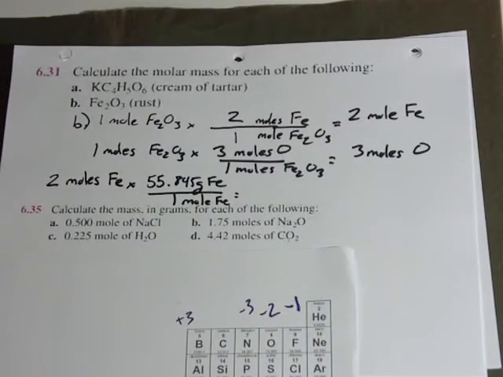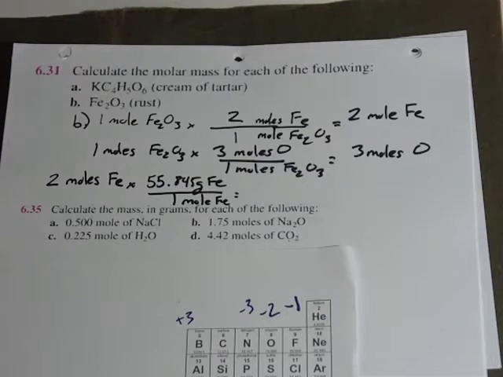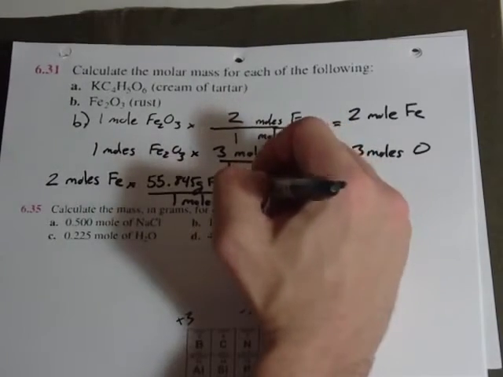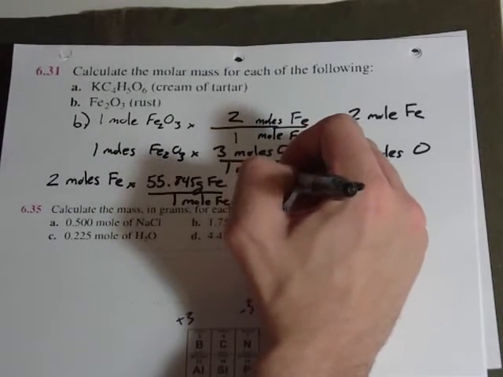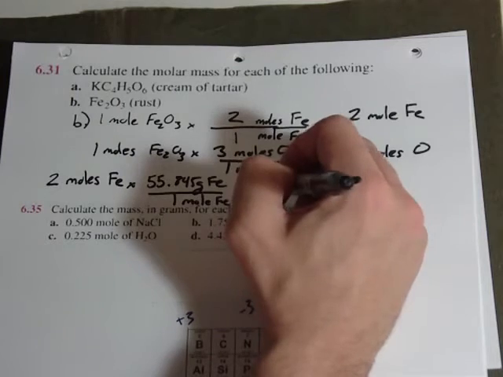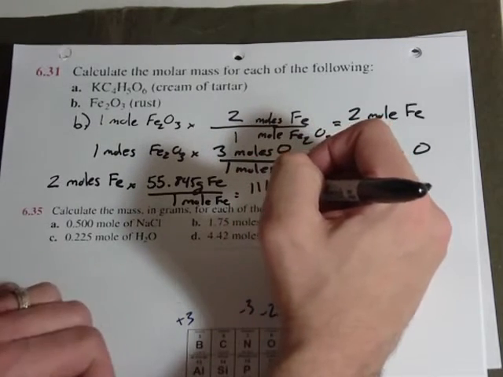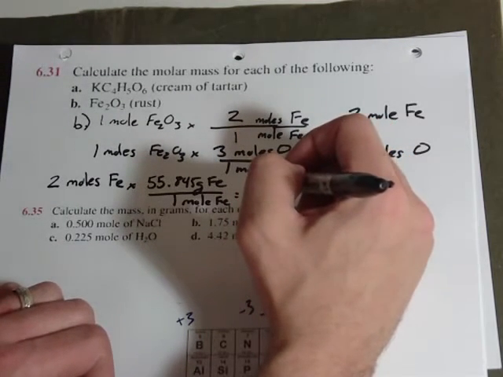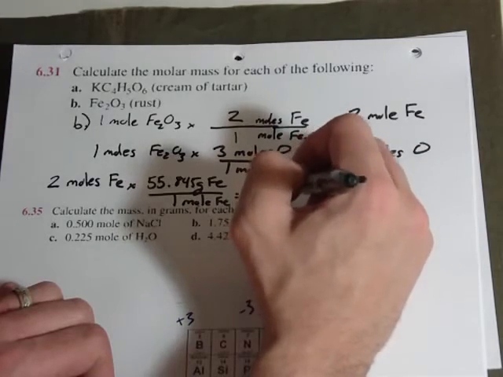And so there we get 55.845 times 2, 111.7 grams per mole. Well, they actually gave 6.9, so we'll use 6.9 grams.